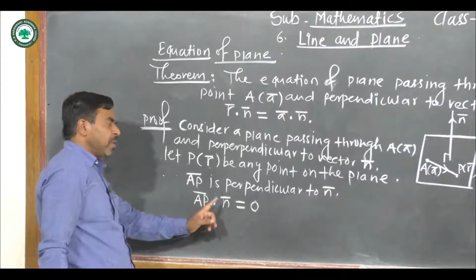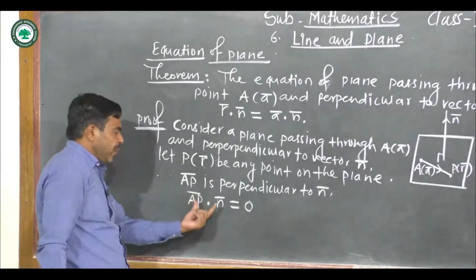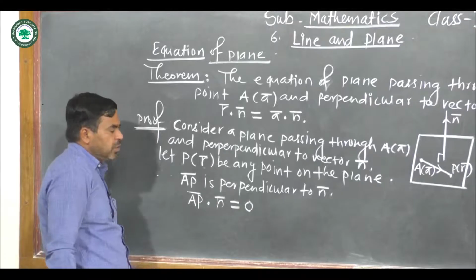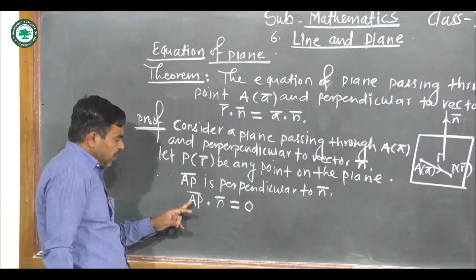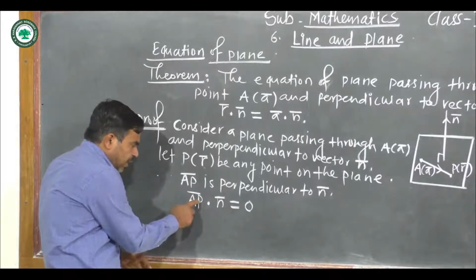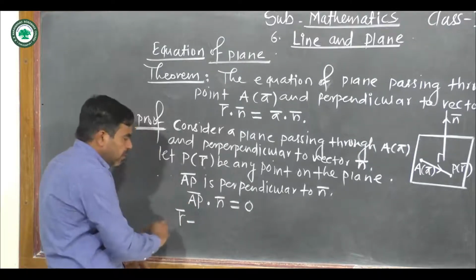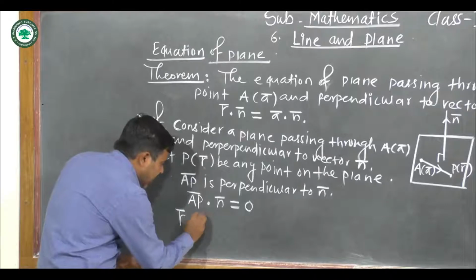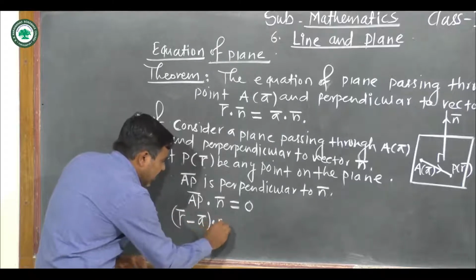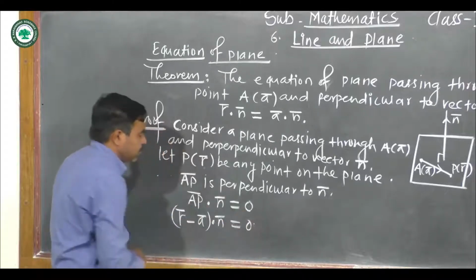So AP bar dot n bar is equal to 0. As AP bar is equal to the position vector of the point P, that is r bar, minus the position vector of the point A, that is a bar, its dot with n bar is equal to 0.